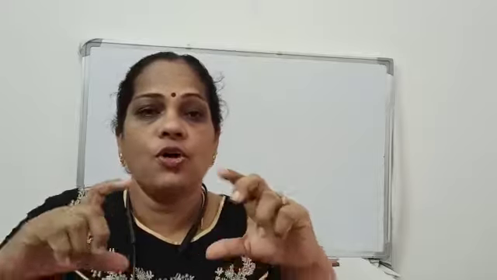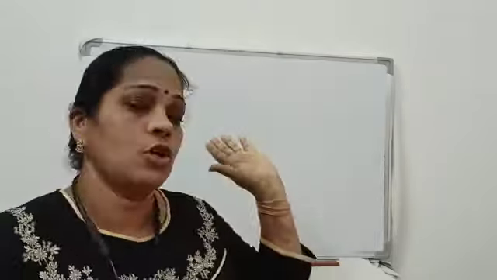These two lenses are placed at the ends of a tube, and the distance between them can also be adjusted by what is called as a rack and pinion arrangement. Now we are going to see how a compound microscope is working.